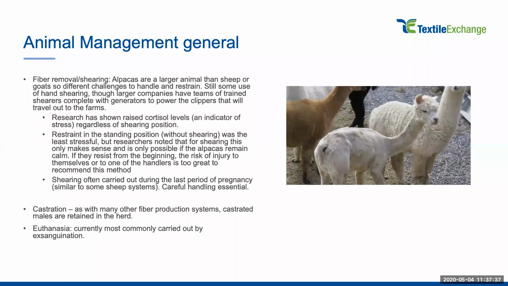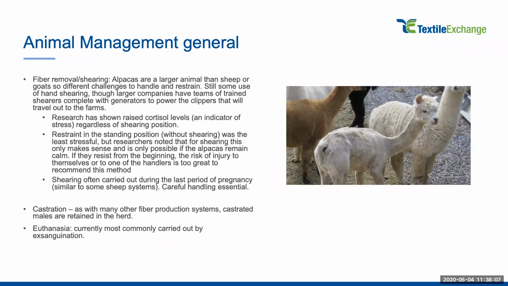But in commercial herds that are much more free ranging, though they have a lot of human contact because there's usually people out with them most of the time, they're not necessarily being handled by people every single day. Then the risk of injury by trying to shear with the animal stood upright may well be too great, and at that point, the restraint of lying the animal down was giving a better result.